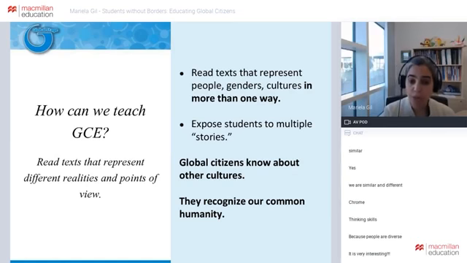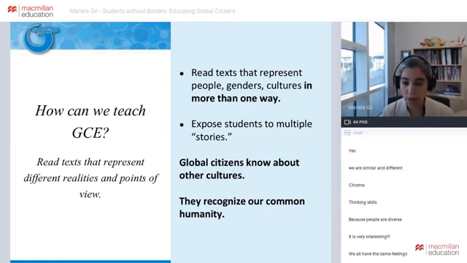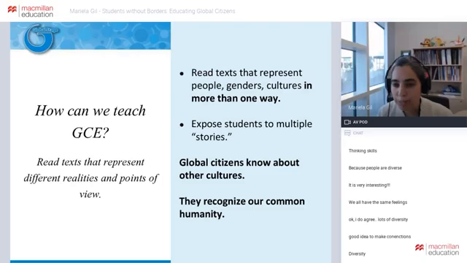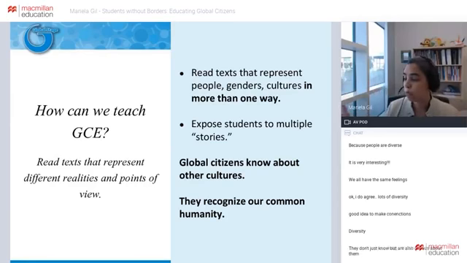Because global citizens know about other cultures. And in this way, when we show a variety of experiences, we make those experiences normal. We make them part of the everyday, so that when you think about what image you think about when you say family, you don't necessarily think of that one way, but of many different ways.